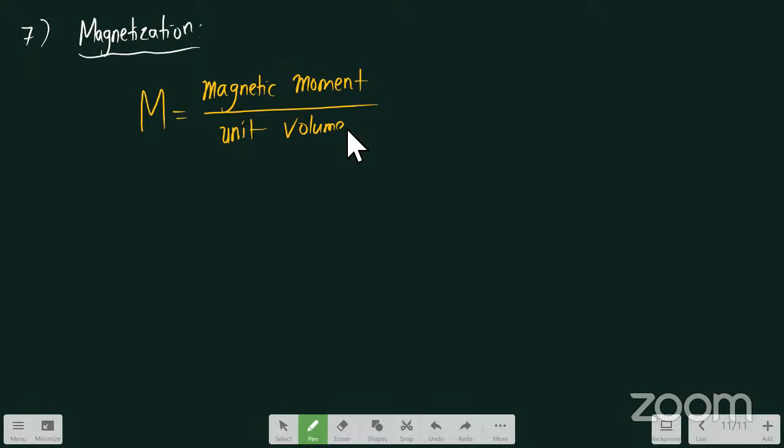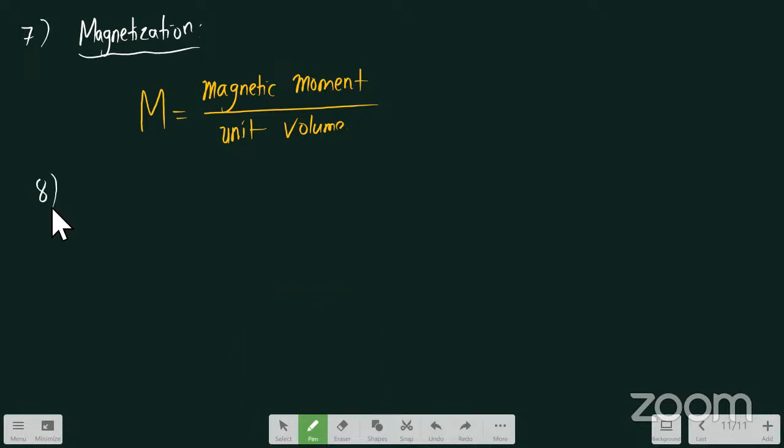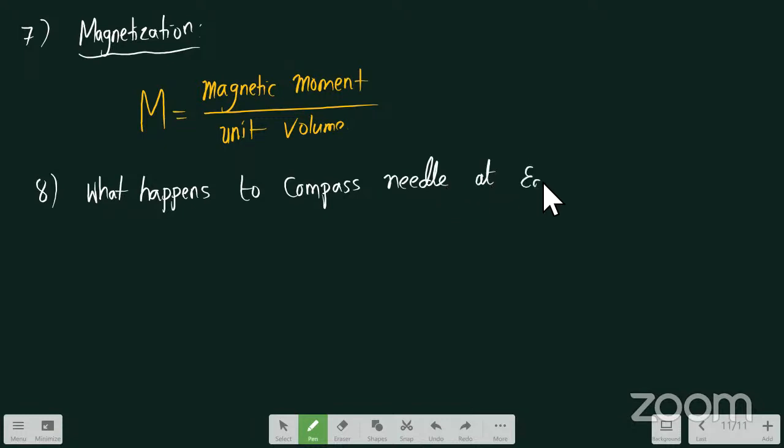So the last question from this chapter is the 8th question: what happens to a compass needle at Earth's pole? I will directly write the answer and I will explain it after that.